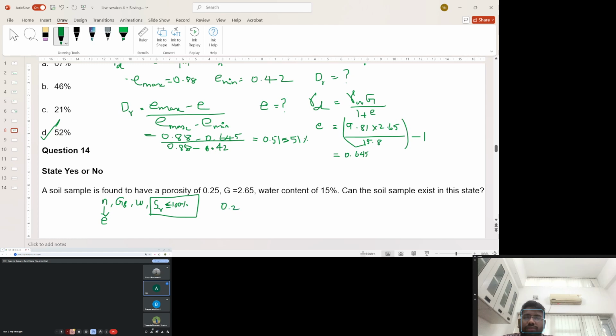So 0.25 equals e by 1 plus e, which gives 0.25 plus 0.25e equals e, so you will get e is 1 by 3, right? You will get 0.33. Yes, sir. Right.